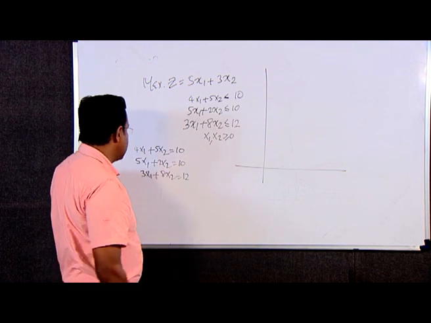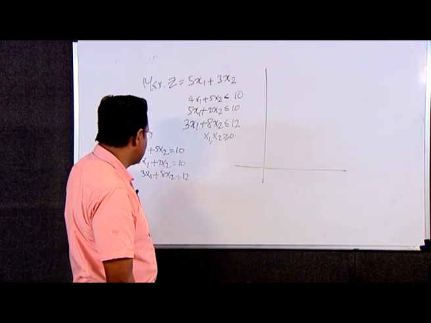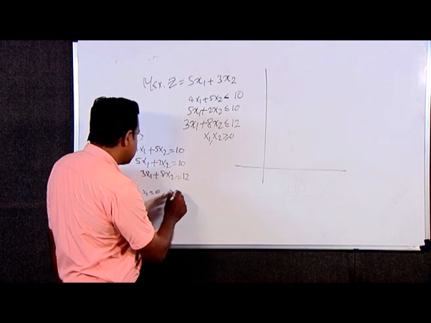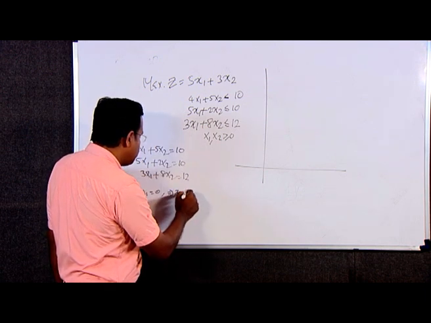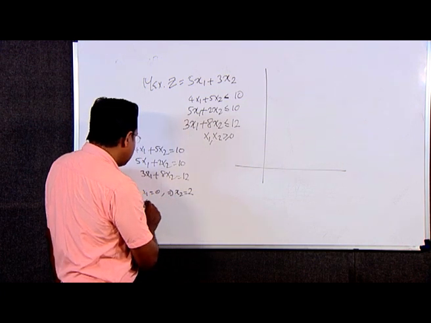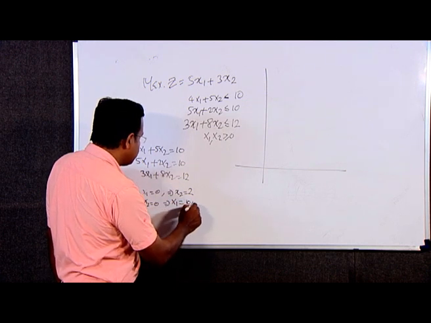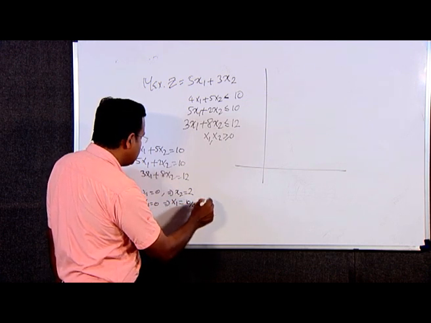To draw the straight line 4x1 plus 5x2 equal to 10, let x1 equal 0. This implies x2 equals 10 divided by 5, that is 2, and x2 equal to 0 implies x1 equals 10 divided by 4, that is 2.5.